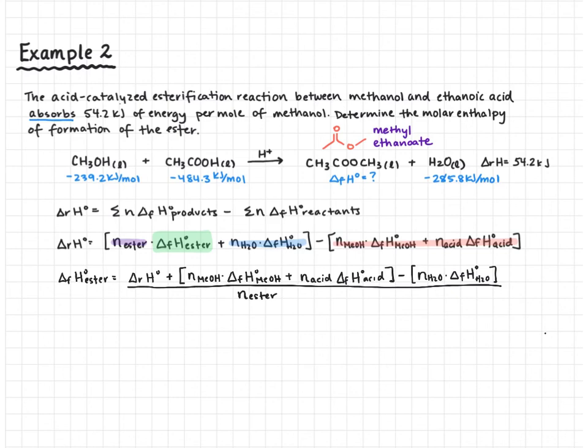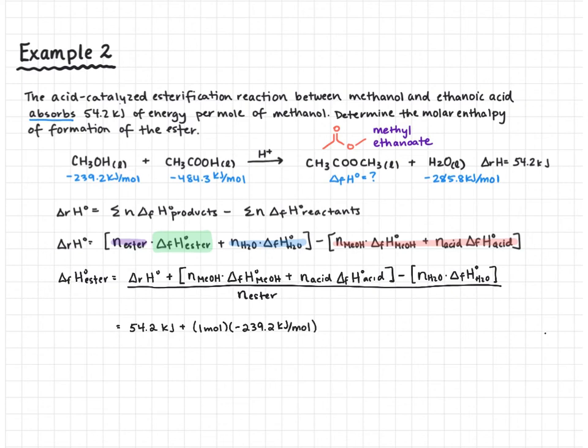So we're going to fill in our numbers now. 54.2 kilojoules plus 1 mole of methanol times negative 239.2 kilojoules per mole.